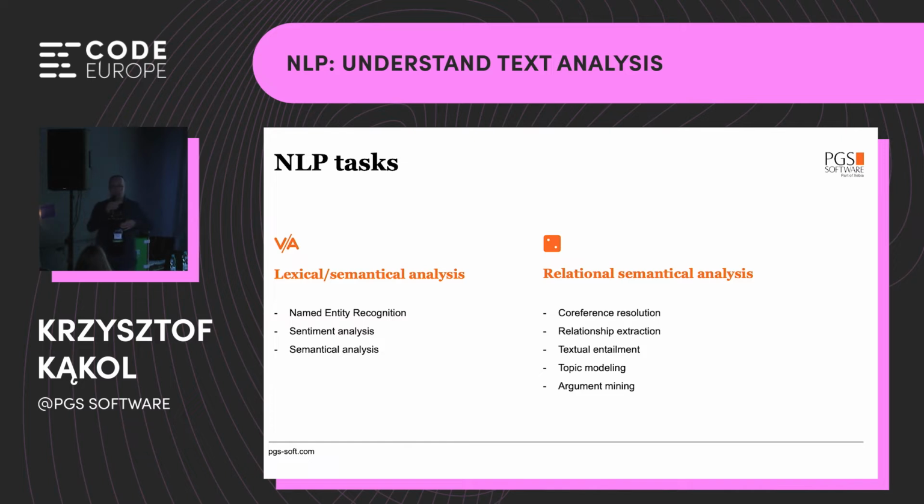This means that if you have two sentences, one can be sourced in the previous one, and you have to detect if the reason of a given statement was mentioned before. Topic modeling is something that I will show you in detail. Argument mining is even more complex, when you extract the arguments of a given statement in the text. So there are a lot of other techniques that allow you to analyze the whole text and get the real information out of it.